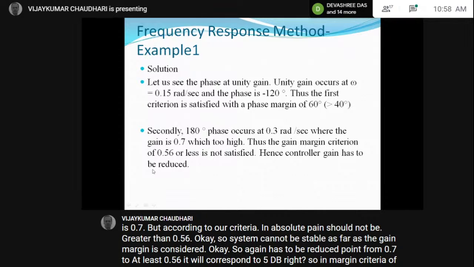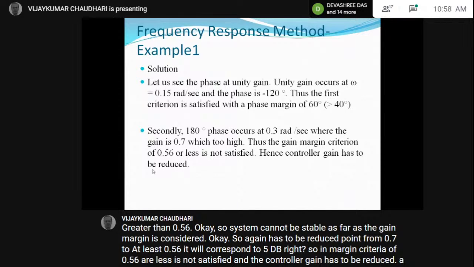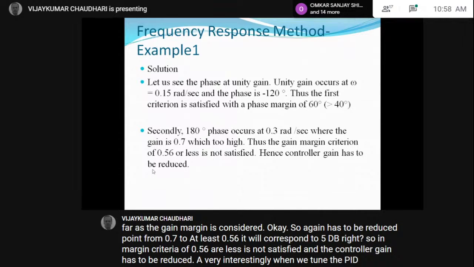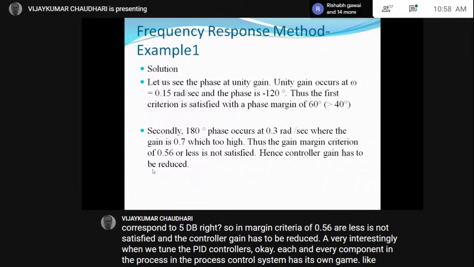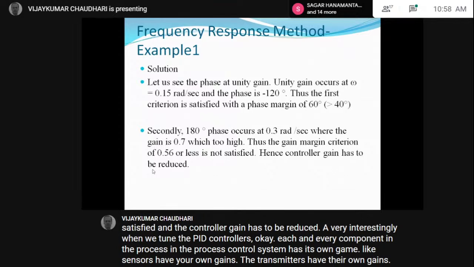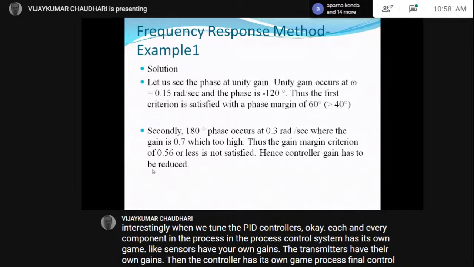Very interestingly, when we tune the PID controllers, each and every component in the process control system has its own gain. Sensors have their own gains, the transmitters have their own gains, then the controller has its own gain, process, final control elements, feedback element, everyone has their own gains, right?